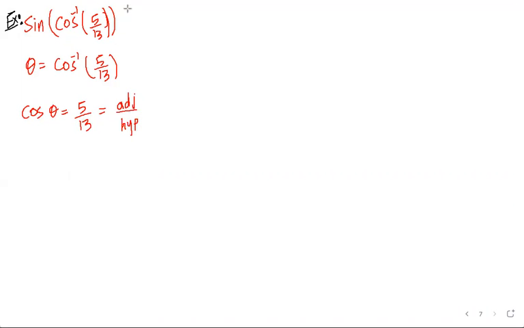So I graph a right triangle like this, and this is my theta. Cosine of theta is 5 over 13, so the value from here to here is 5, and from here to here is 13.